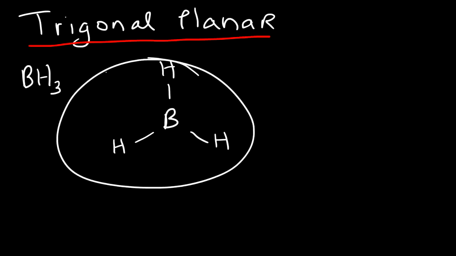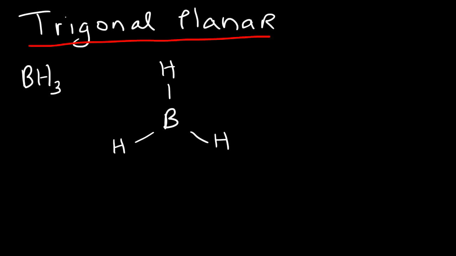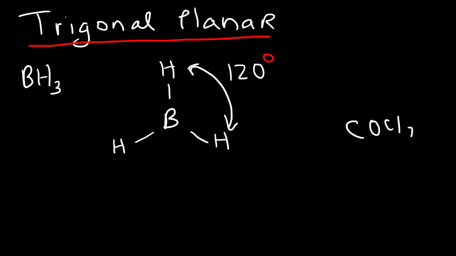Now, a full circle represents an angle of 360 degrees, and if you divide that by 3, you can get the bond angle between hydrogen atoms. And so the bond angle for a trigonal planar structure is 120, which is 360 divided by 3. Some other examples of a trigonal planar structure is COCl2.